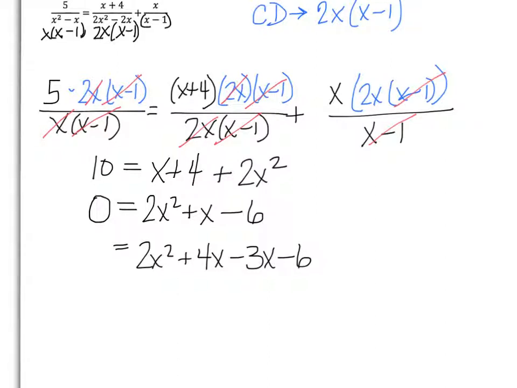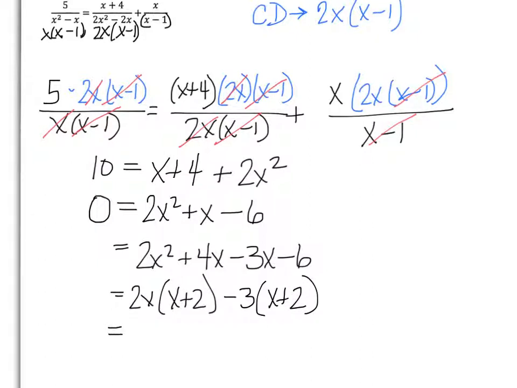The GCF for 2x squared plus 4x is 2x, times x plus 2. The GCF for minus 3x minus 6 is minus 3, times x plus 2. Put it together. This factors into 2x minus 3 times x plus 2, which equals 0.